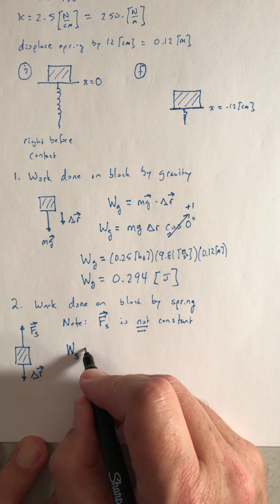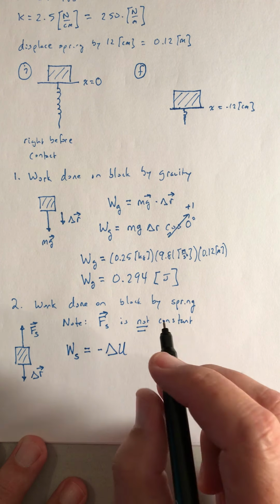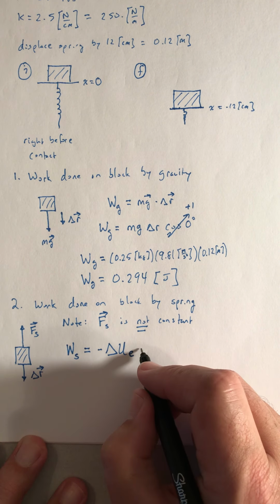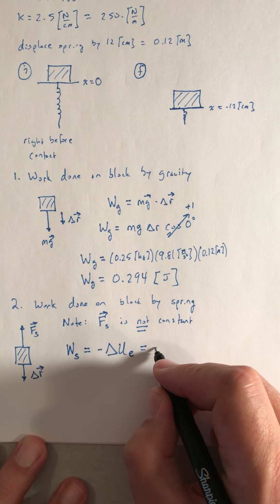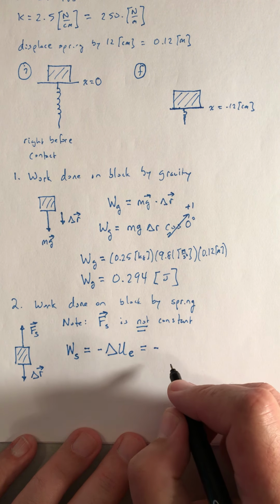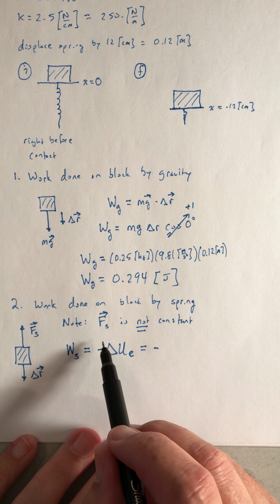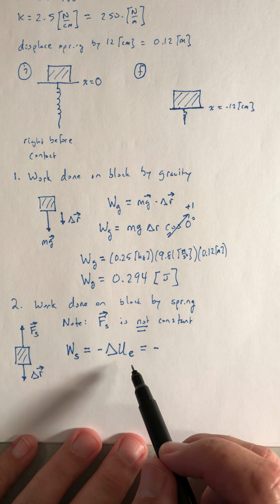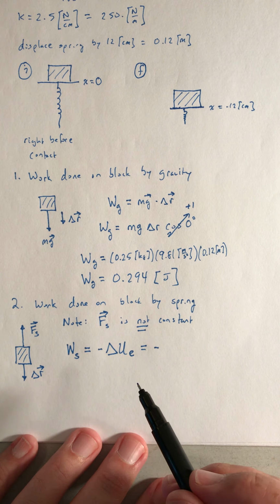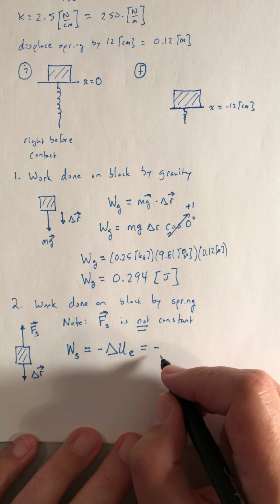And that is that the work done by the spring is minus the change in the elastic potential energy. That we can calculate because we have the beginning and the starting points. And Hooke's law gives us a force that's conservative. Conservative forces have an associated potential, and we can get the work done by the spring from the work potential energy relationship.